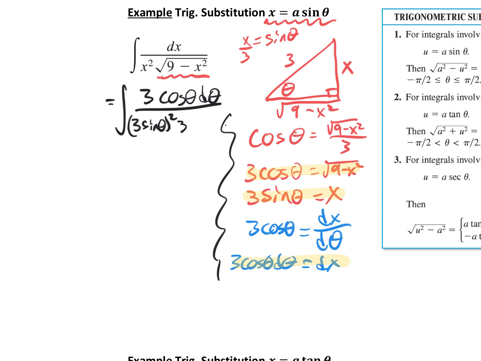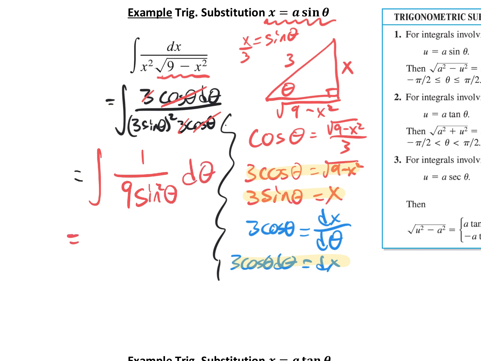So this is 3 cosine theta. A little bit of cleanup here. That cosine cancels with that cosine. That 3 cancels with that 3. And we end up with the integral of 1 over 3 squared, which is 9, sine squared theta d theta.